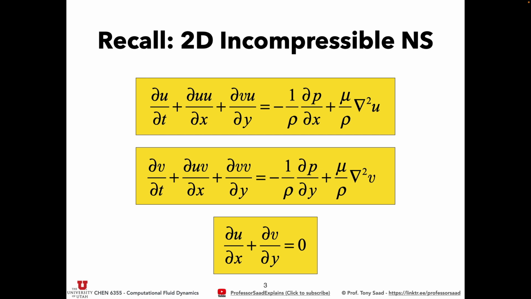It's legitimate, but it assumes that continuity has been satisfied. Because if you take these terms and do the chain rule, you can extract a continuity equation out of them. And then you say, oh, continuity, du by dx plus dv by dy is 0.